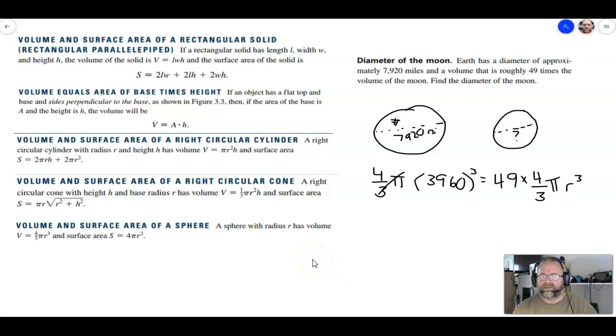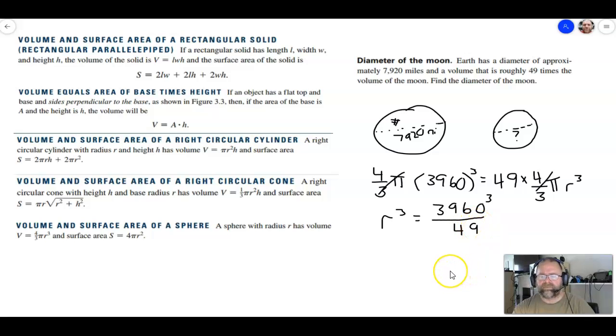All right, so how do we solve this? I'm going to have a 4/3 pi on both sides here, so I can cancel those out, and then I just have the 49 here. So the radius cubed is equal to, and I'm going to divide both sides by 49, so I get 3,960 cubed all over 49.